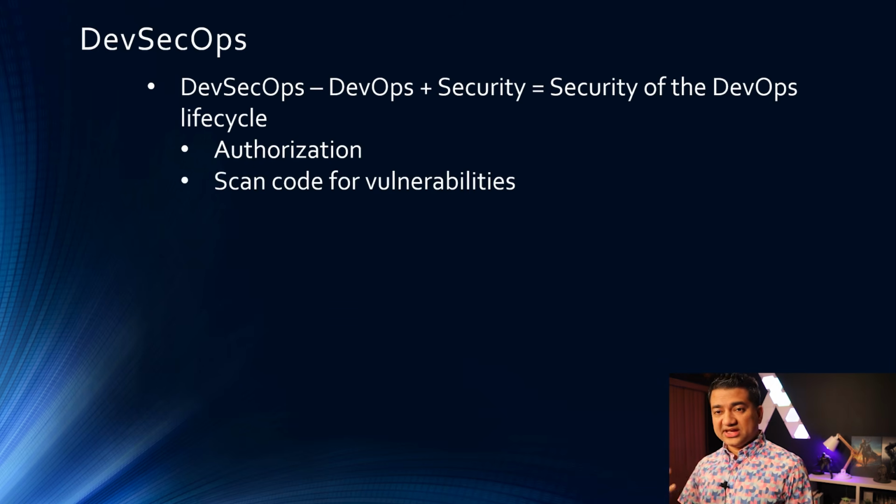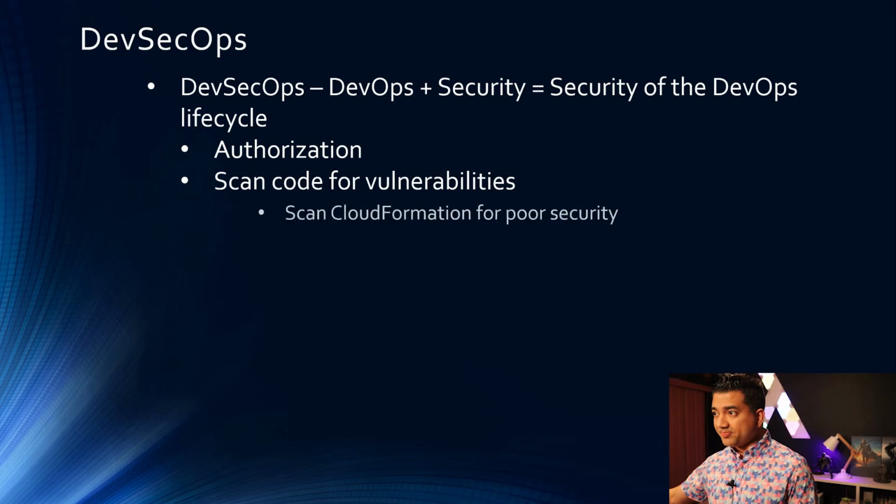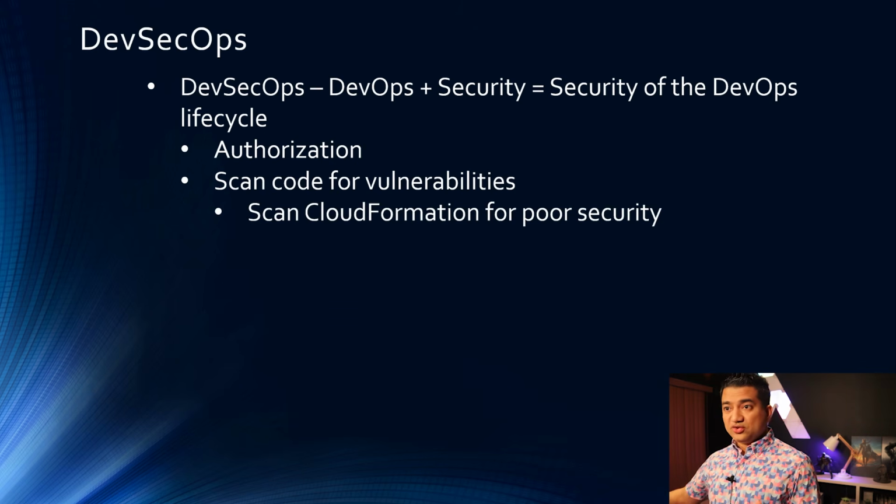Another part of implementing security in DevOps is you have to scan your code for vulnerabilities, such as you should scan CloudFormation for poor security. Like if you are creating a security group in the CloudFormation with everything very open, anyone can come and access your application, it should check that.